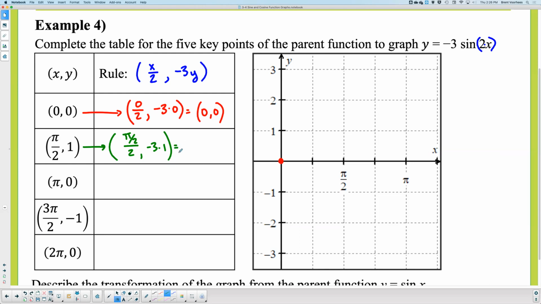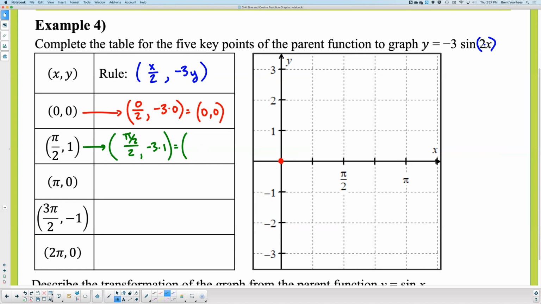Let's simplify those. What happens when you take a pi, you divide it by 2, and you divide it by another 2? How about this? If I had a pizza that had 8 slices, pi is going to be the pizza here, and you cut it in half. How many slices do you now have? 4. And you cut it in half again. 2. So 8 slices became 2 slices. How'd that happen? Well, dividing by 2 and dividing by 2 is the same thing as just dividing by 4.